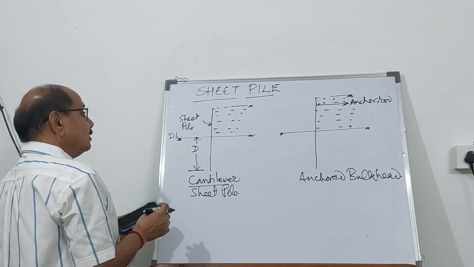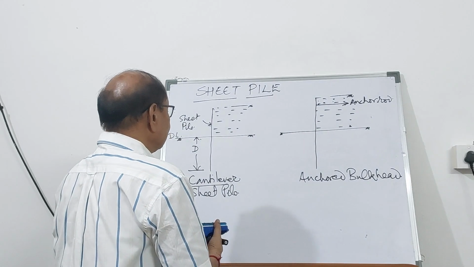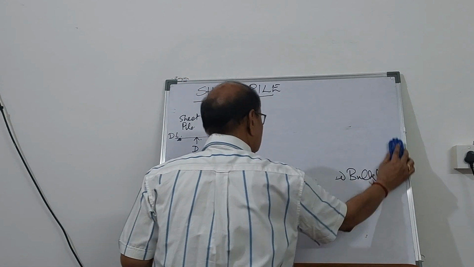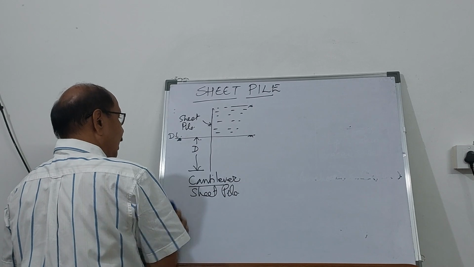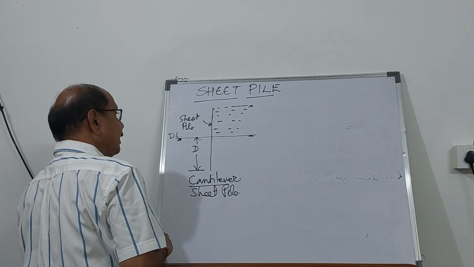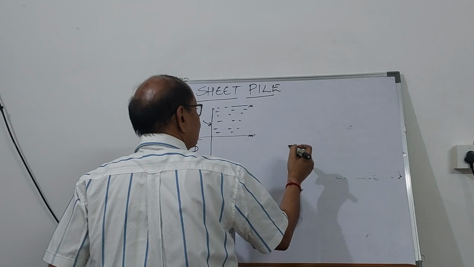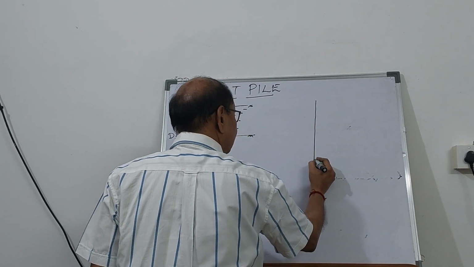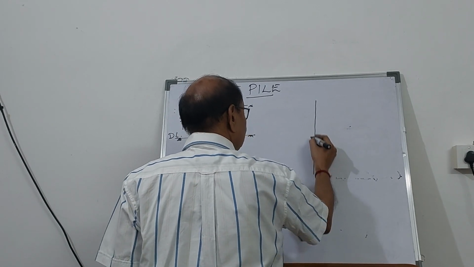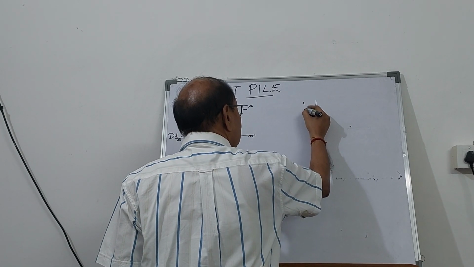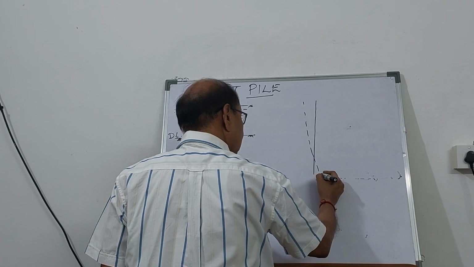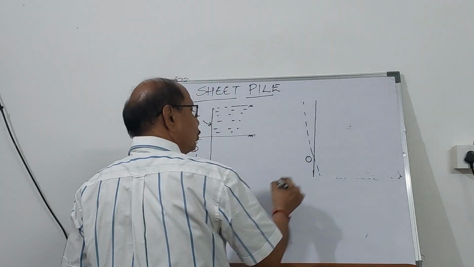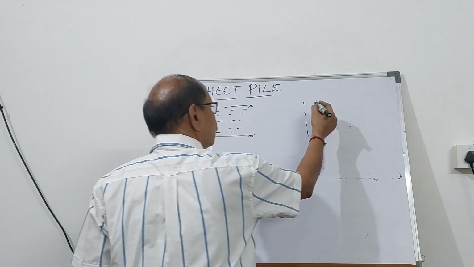So let us see the deflection pattern of the cantilever sheet pile. In a cantilever sheet pile, you will find that the deflection is going to be like this. About some point O, it is going to deflect.